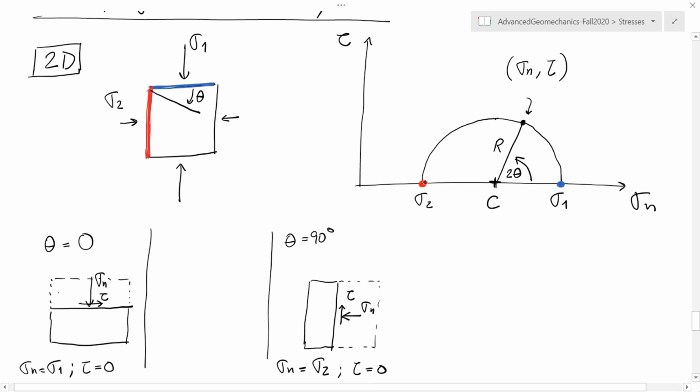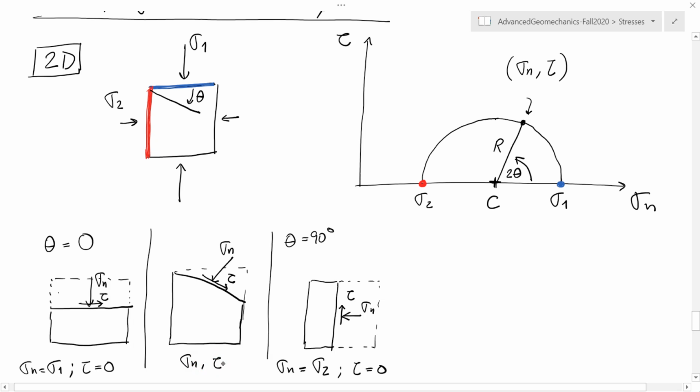That is that point over here. And therefore, if I were to cut now the plane with an angle theta, which is not 0 or 90, then that normal stress and shear stress is going to be the normal effective stress sigma n and shear stress tau that I need to balance those stresses.